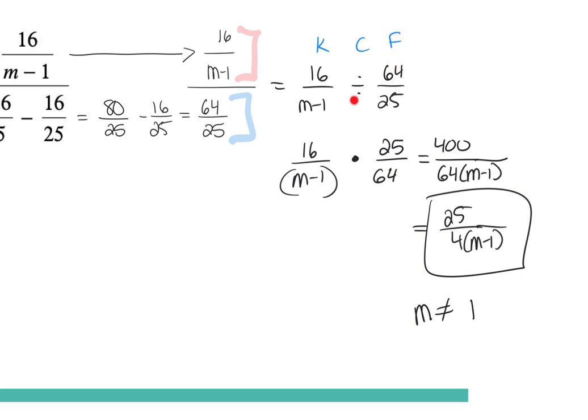And looking at the entire thing that was doing the dividing, that's 64 over 25, there's no m in that, is there? So we don't have to worry about that. If there was an m here, I'd have to factor in that, oh, it can't be 0 either. Because if it was like 25m, then that would also make it fail. Okay? So making sure we check all the spots that are denominators, not just the answer denominator.